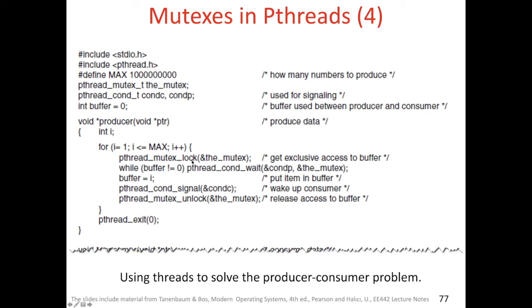pthread_mutex_lock is called on the mutex, so we get exclusive access to the buffer. This is locking the mutex. While buffer is not equal to 0, that means the item is not consumed yet, pthread_cond_wait is called with parameters condition on producer conp defined here, and the related mutex defined there.